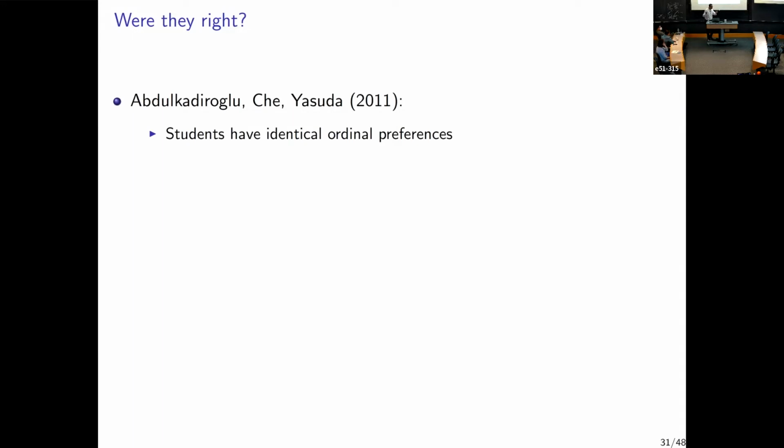So, let's think about this very stylized case. Suppose that students all agree that school A is better than school B is better than school C is better than D, and so forth. So they all have the same ordinal preferences, okay? Suppose that, just to make it stark, schools have no priorities, okay?